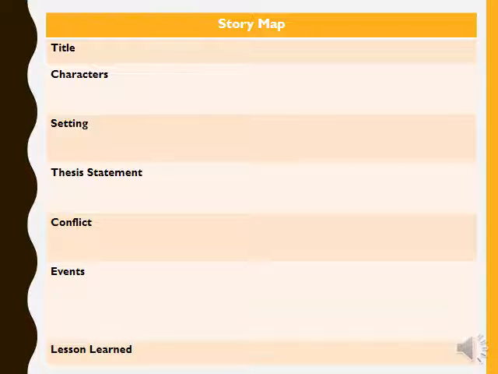As you can see in the story map, we write the title, the characters, the setting, of course, the time and the place, the thesis statement, which is very important, the conflict or the problem in the story, the events, and the lesson learned, because usually in narrative essays there is always a moral lesson in the essay.